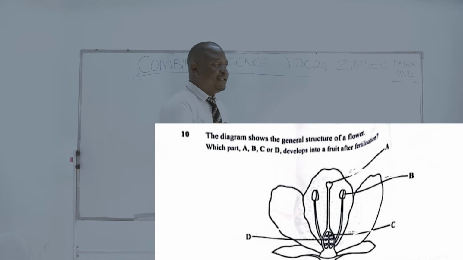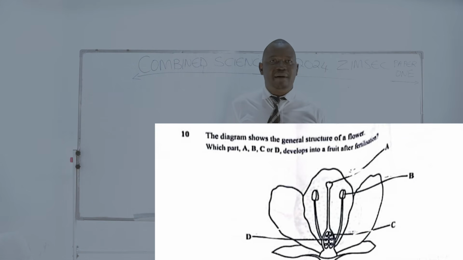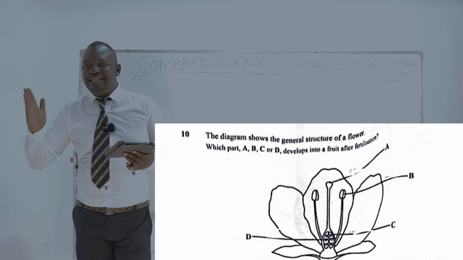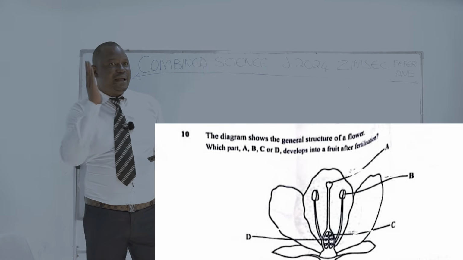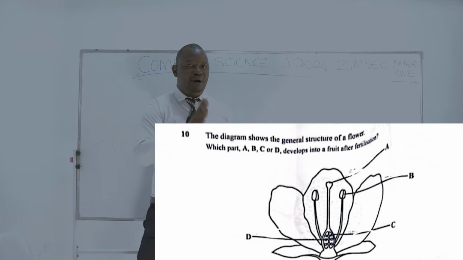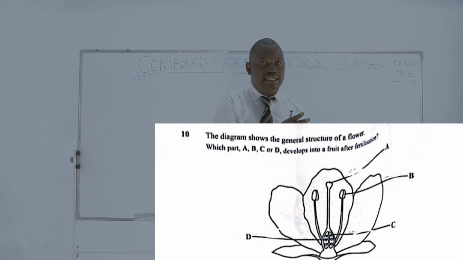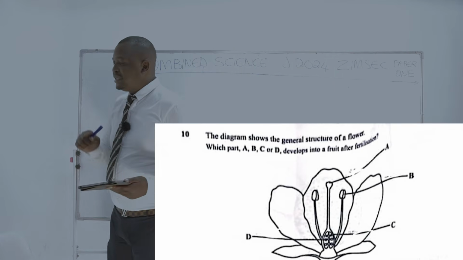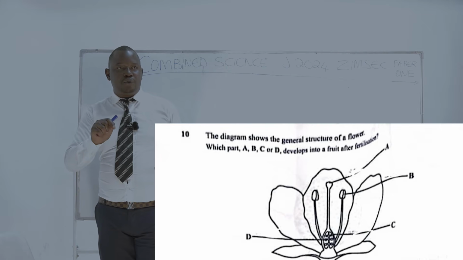Flowers are considered hermaphrodites, because a hermaphrodite is an organism with both sex organs in one position. The flower has a male part and a female part in one position. The male part is the stamen, the female part is the carpel. The stamen consists of the anther and the filament. The carpel has the stigma, style, ovary and ovules.